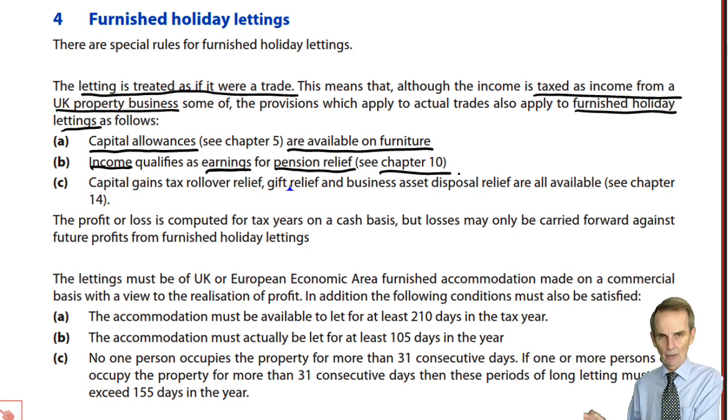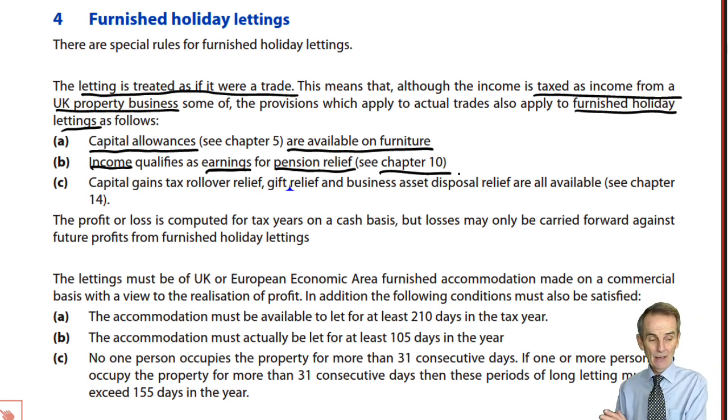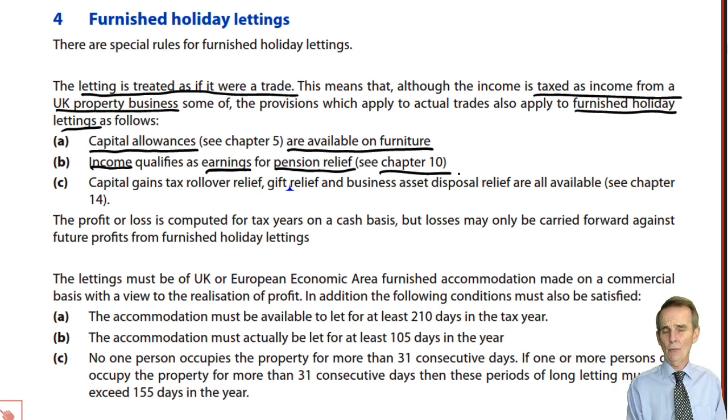Again, to be found in Chapter 10, but we've mentioned already certain types of pension contributions, like the personal pension contribution, and how it would be treated the same as gift aid. We saw that back in Chapter 2. Make sure you recall that before you eventually get to Chapter 10.